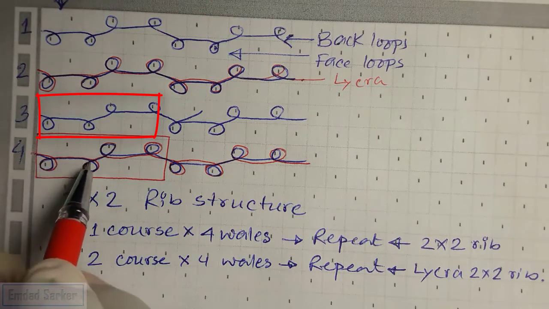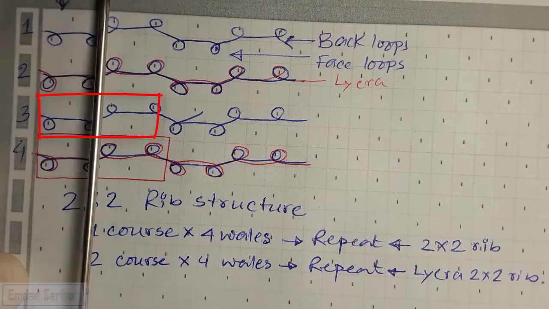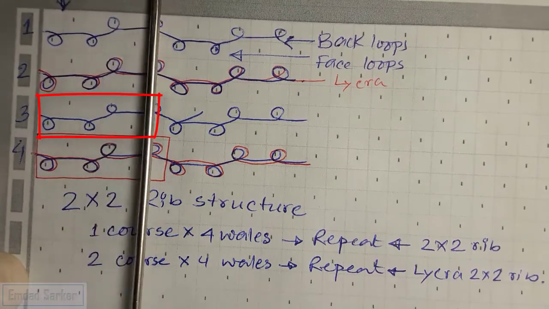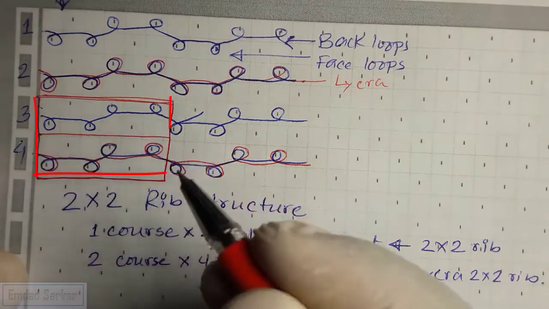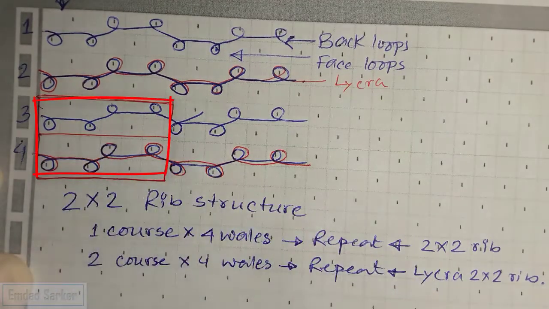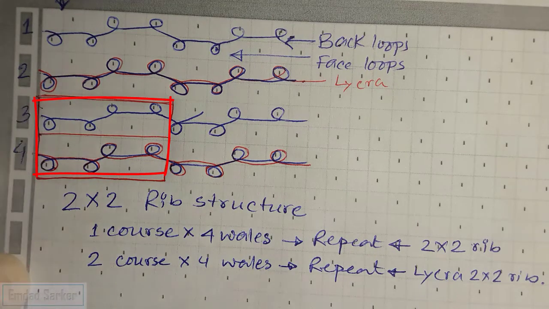In the case of a plain 2x2 rib structure, only this will be the repeat: one course containing 4 wales, wale number 1, 2, 3 and 4. In the case of lycra rib structure, it will be 2 courses and 4 wales because the lycra is coming in the alternate feeder.